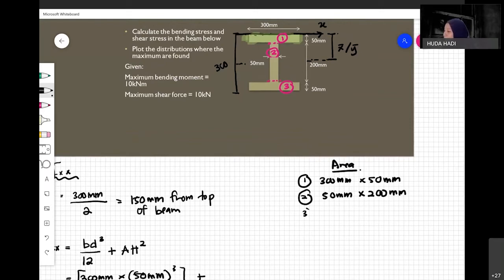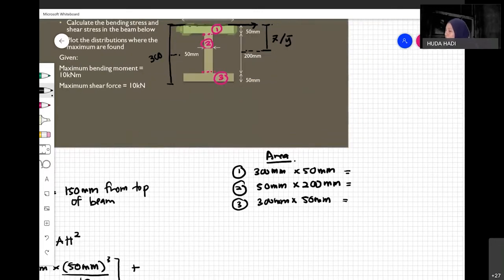And then area 3 is also 300 mm times 50 mm. So you're going to get some values here, which I believe is 15,000. So you already have all those areas of the whole cross section, right?